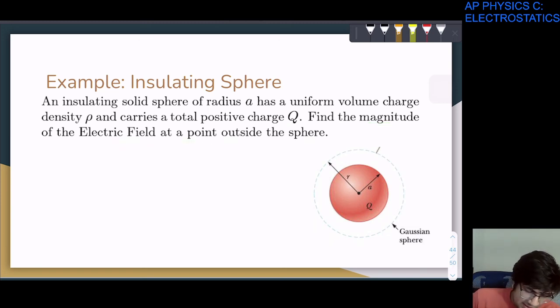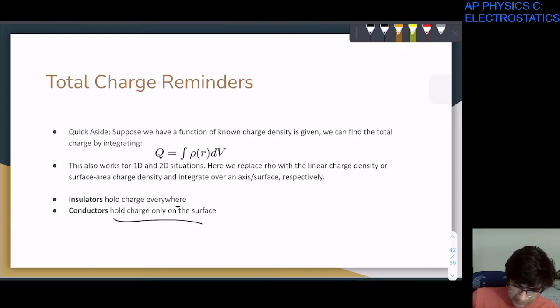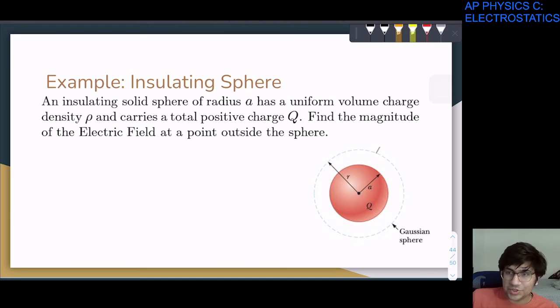So just keep in mind the uniform charge density rho, and the total positive charge Q. If we have the total charge and a volume charge density, then we can figure out the volume, right? We had the relationship: density equals charge divided by volume.